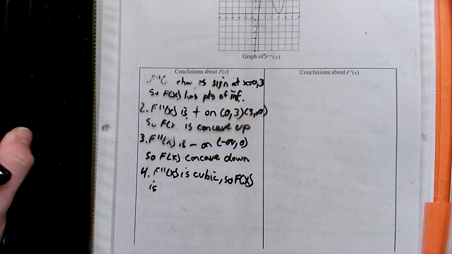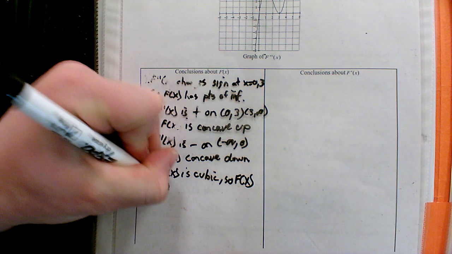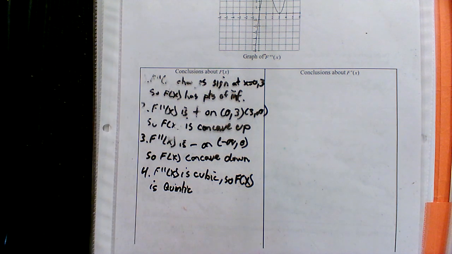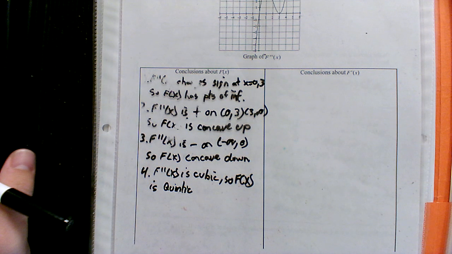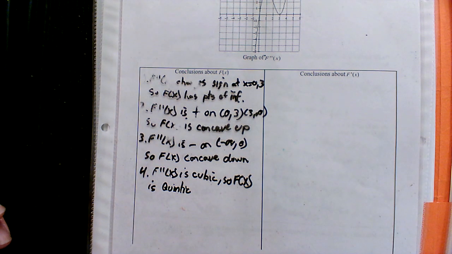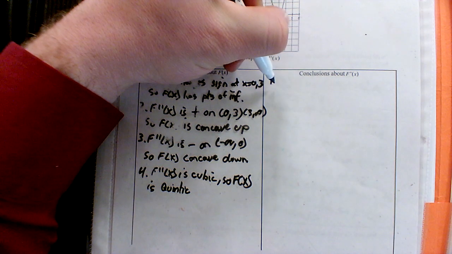You're doing the right process, but you did it backwards. Yes, exactly. So if you started your original function as a quadratic, your first derivative would then become linear. But we're going backwards. You're going from the second derivative and thinking backwards, so you got to go back twice, and you end up with the quintic. Very good. All right, on to the other side.